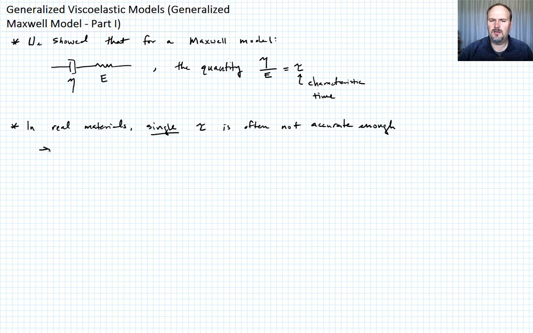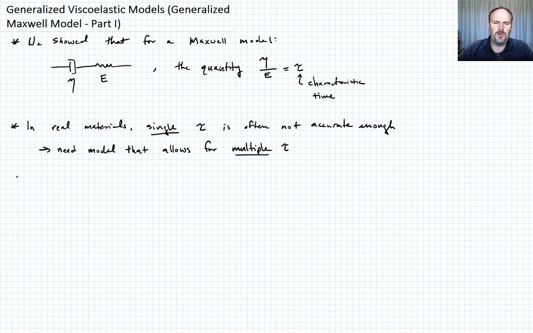We need a model that allows for multiple relaxation times, multiple tau, and then each one to have an effect. Multiple is the idea here.